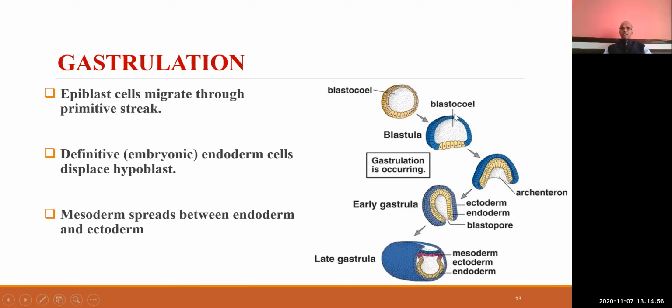This is the blastocyst, formation of the blastula and archenteron. Then the early gastrula, where the ectoderm layer, endoderm layer and blastopore occur. In the late gastrula stage, all three layers are formed: ectoderm, endoderm and mesoderm. So this is the process of gastrulation.